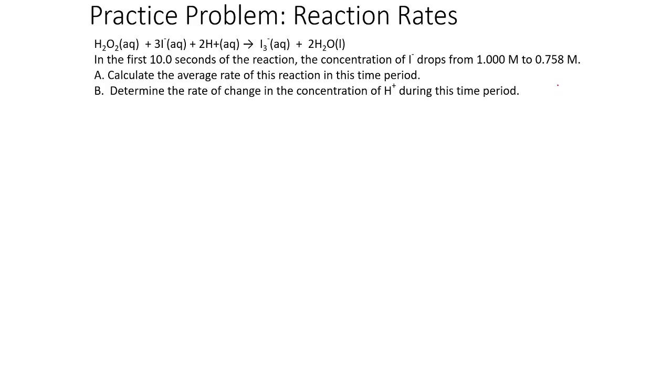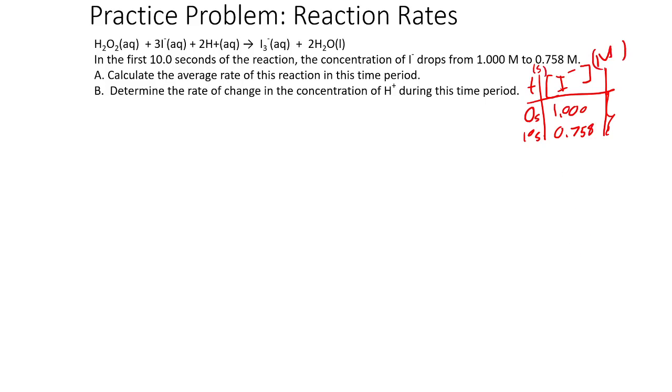So you might have a table that looks like this. You have I- and then you'd have time. So you would have 0 seconds, 10 seconds, and this would be 1.000 molar and 0.758 molar. And they'd likely actually put the molar up here, and they'd probably put the seconds up at the time.